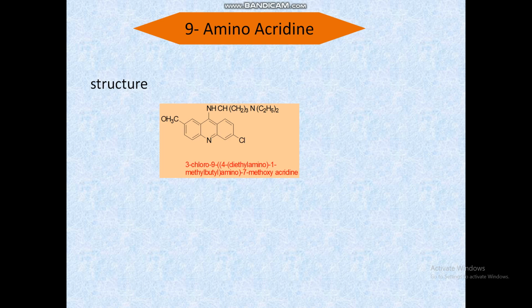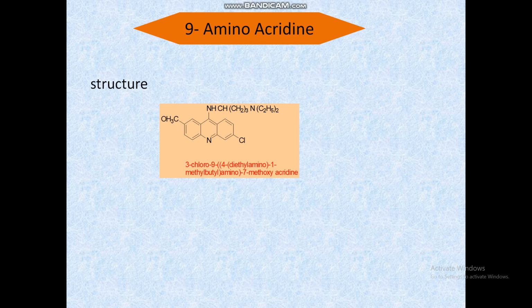Next, 9-aminoacridine. This is the structure of 9-aminoacridine; its derivative is mepacrine or quinacrine. Acridine is formed when an additional benzene ring is fused with the pyridine ring of the quinoline nucleus.